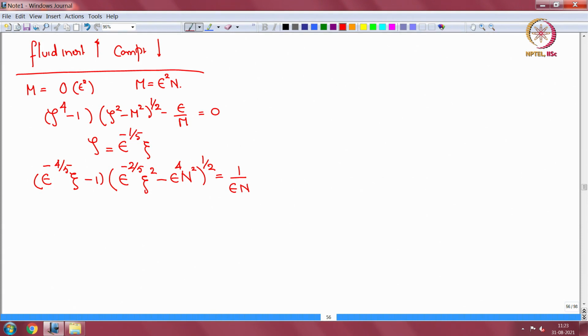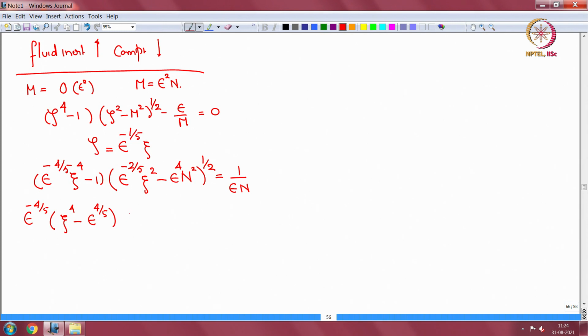So let's take epsilon to the power minus 4/5 outside. I'm sorry, this is to be 4th. Then I get xi to the power 4th minus epsilon to the power 4/5.